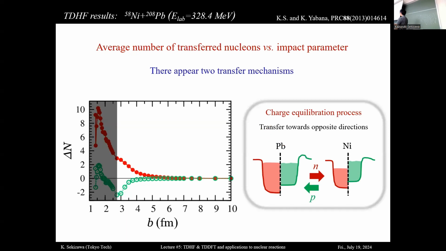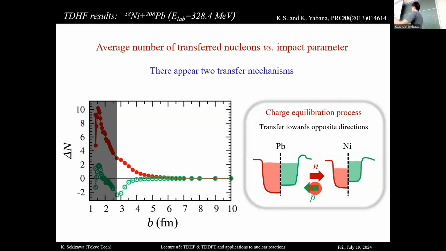Naively, it can be understood as the difference between the Fermi energies, or chemical potentials, of the two quantum nuclei. Neutrons are transferred from lead to nickel, and protons from nickel to lead.